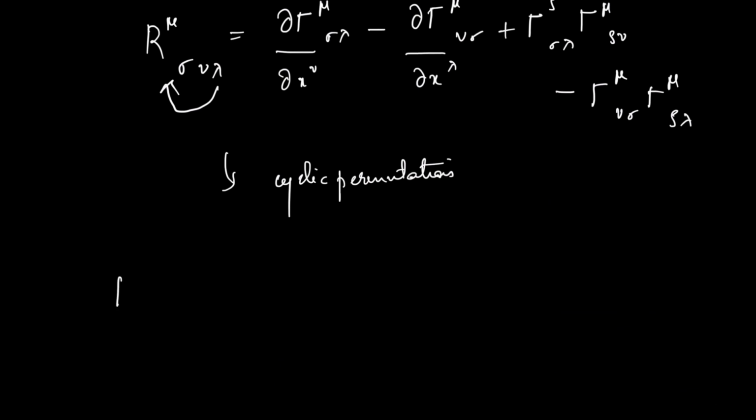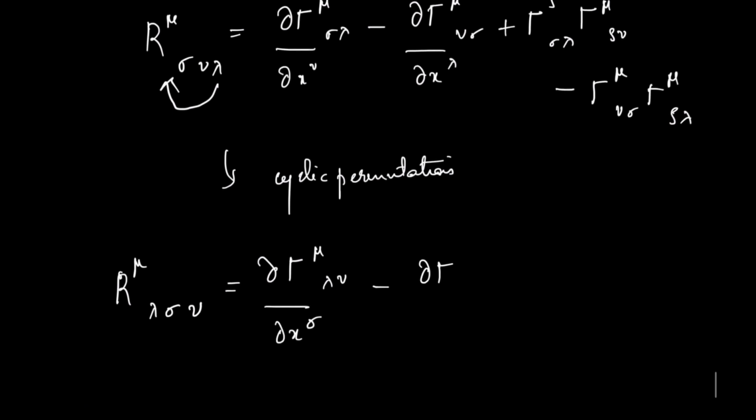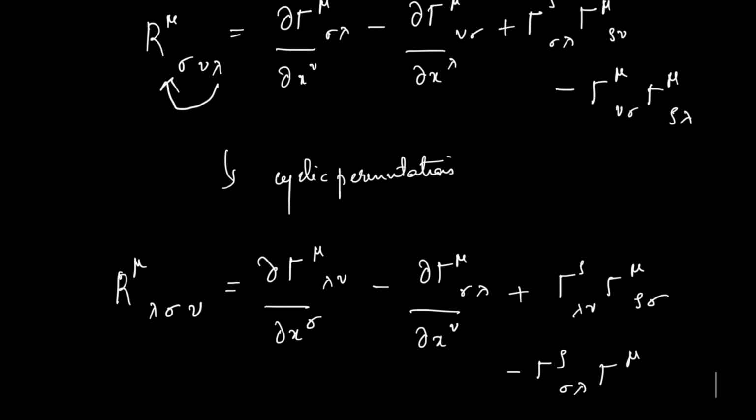Then I will get R mu lambda sigma nu is equal to, so wherever there is sigma I am replacing it with lambda, wherever there is lambda I am replacing it with sigma, which is equal to mu lambda nu, x sigma, mu sigma lambda, x nu plus mu rho sigma minus mu rho nu.